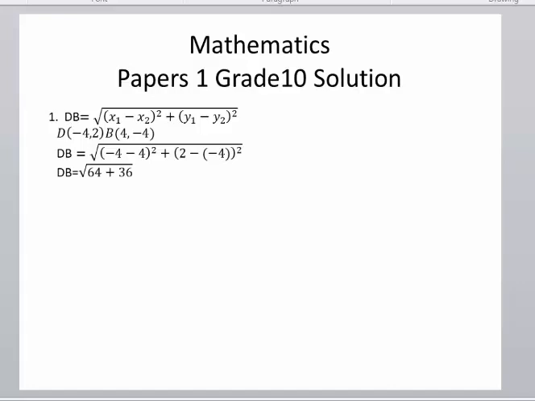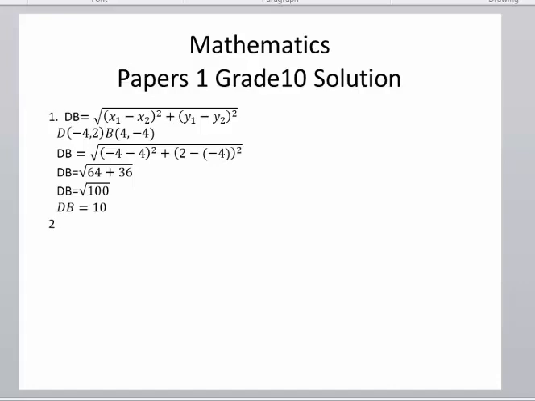Now DB is equal to the square root of 64 plus 36 after having simplified. When you add the two, you get the square root of 100. We know the square root of 100 is a perfect square, which is 10.